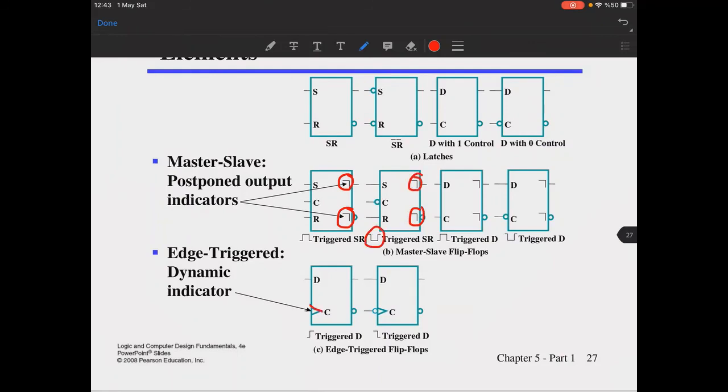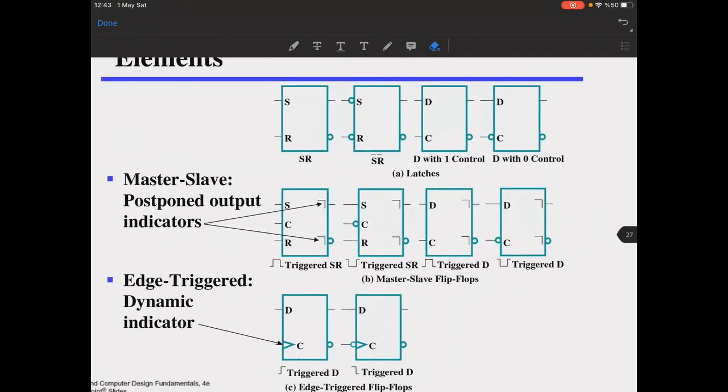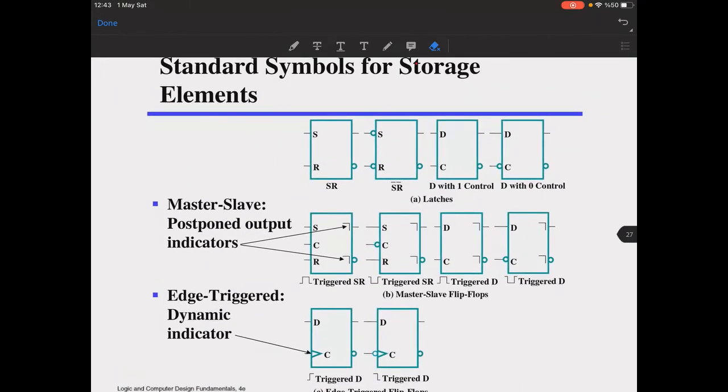But if you have these sharp triangles here, it means that they are edge triggered flip-flops. And if there's an inverter here as well, it means that it's a negative edge triggered flip-flop as well.